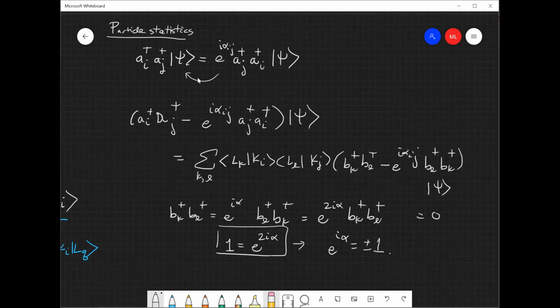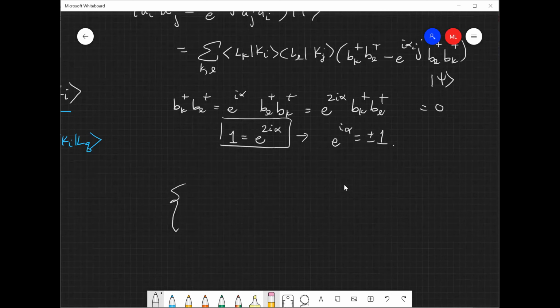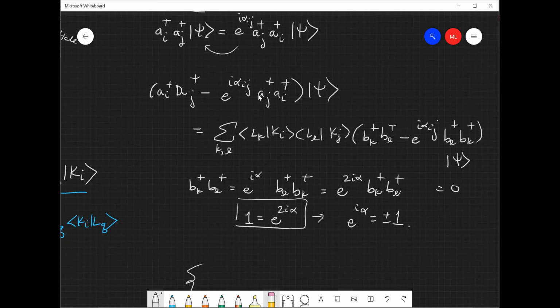And of course, I can make the same argument for removing a particle in state i and j. The same argument holds. So you'll have two cases. One is where e^{i alpha} is plus 1, which means that these guys just commute.